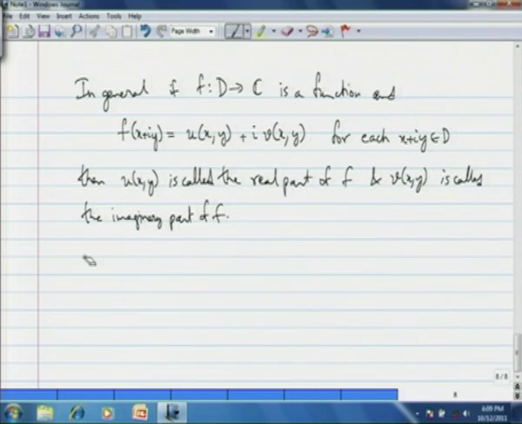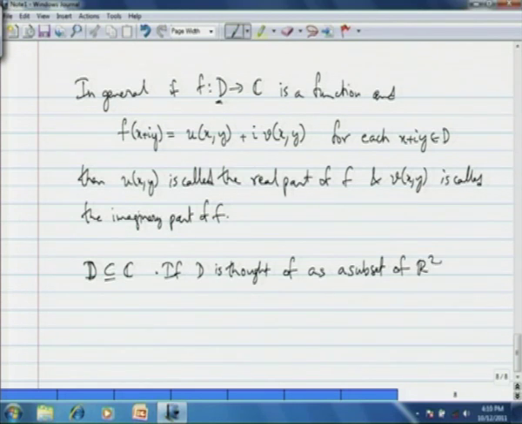Let me say this in the following way: D, which is the domain of f, is a subset of C. If D is thought of as a subset of R2, so we have given geometry to the complex numbers, it is a complex plane.